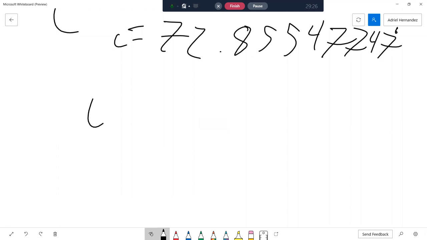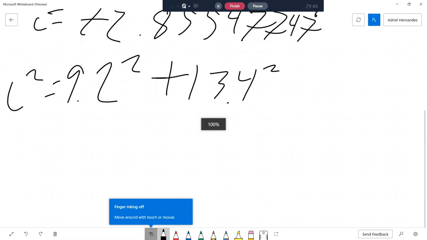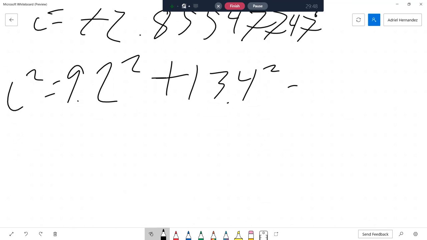So now you can go C squared equals 9.2 squared plus 13.4 squared minus 2 times 9.2 times 13.4.